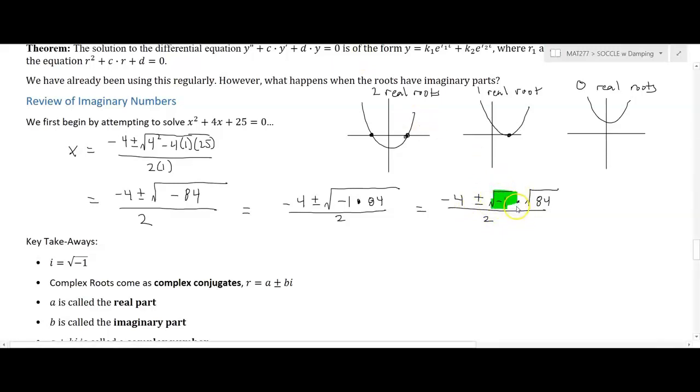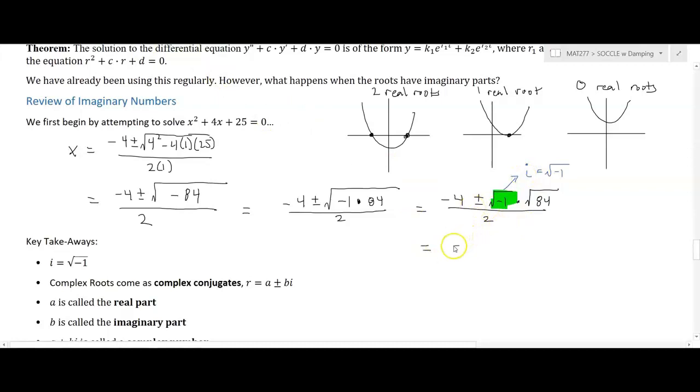Because what number times itself gives me negative 1? Well, I could do 1 times 1, which is positive 1, or negative 1 times negative 1, which is still positive 1. So we give this guy a name. We call this i. And i just stands for the square root of negative 1. So that's just the symbol we use in place of that.